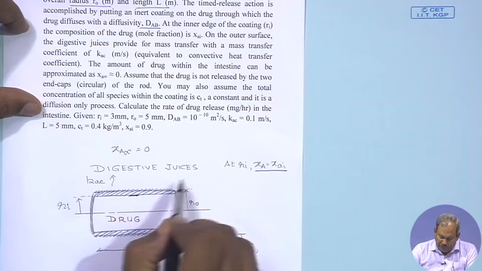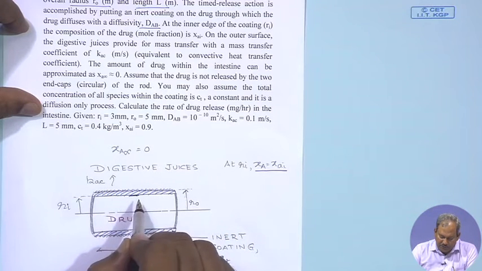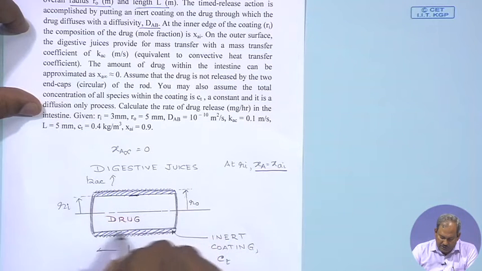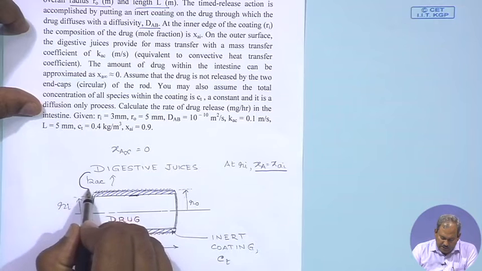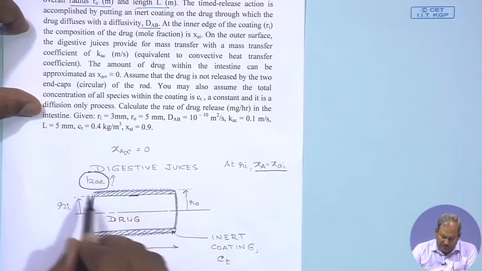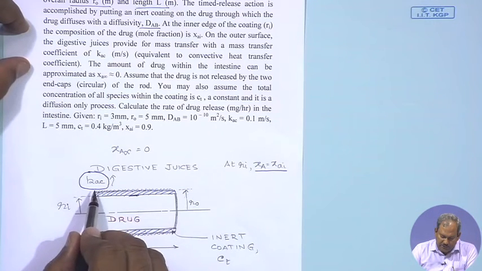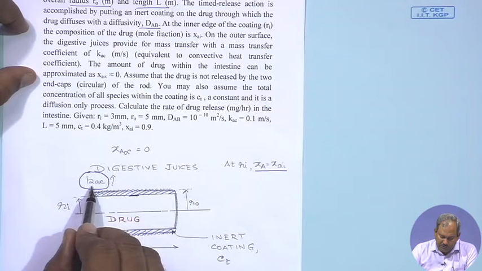And the digestive juices which are present on the outside of the drug maintain a coefficient of mass transfer which is similar to that of a convective heat transfer coefficient, denoted by KAC.